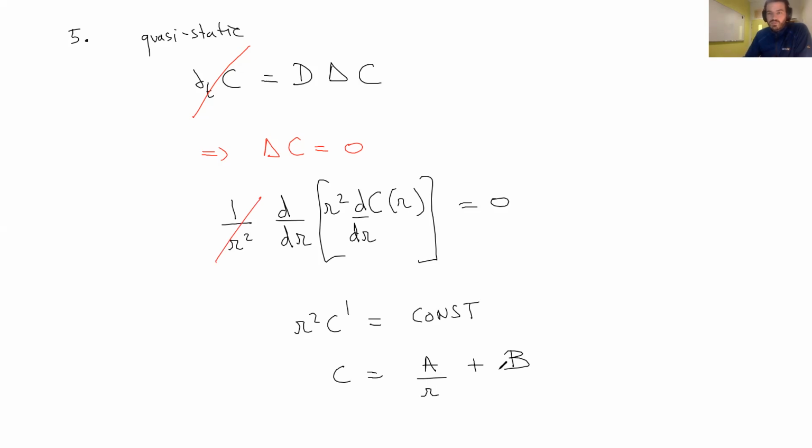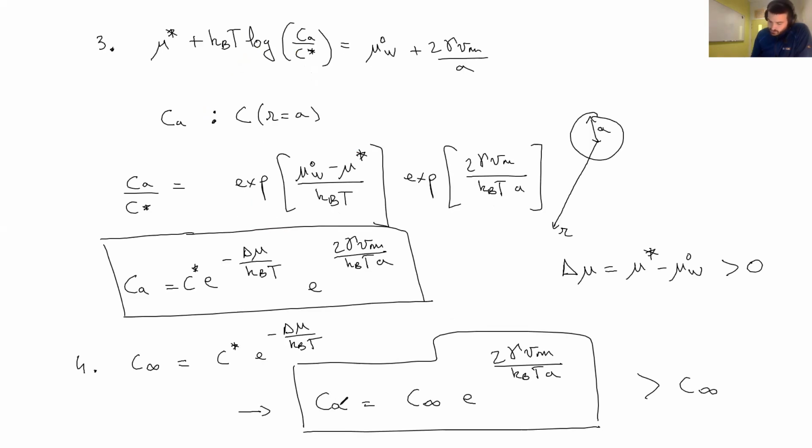That's the concentration profile. But the good thing from what precedes is that I now have identified two boundary conditions. One in the near field, near the droplet, and one in the far field, near the larger droplet, if you want.